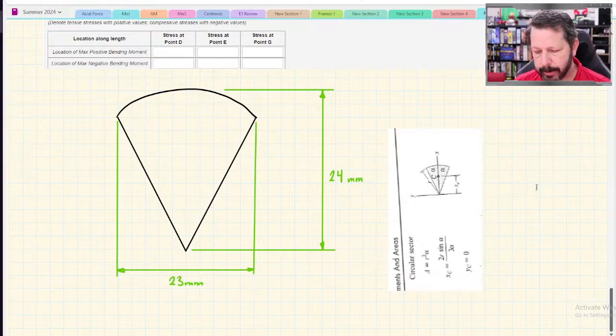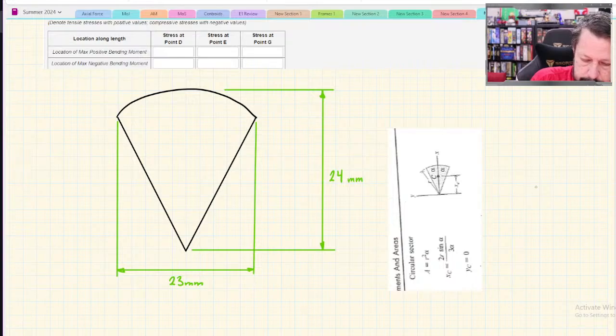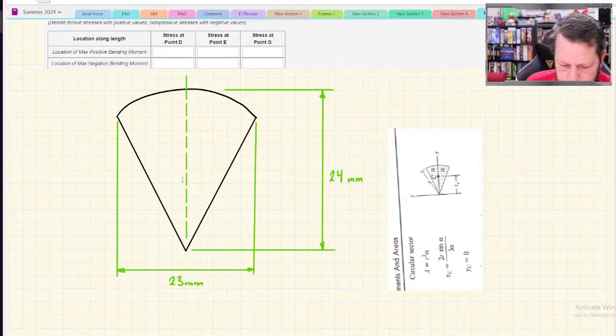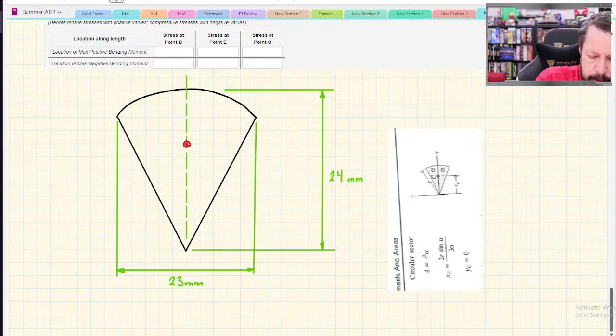So according to that, what we want is this thing they're calling x sub c. That would be the distance from some kind of central axis here, and it measures from the point up to the centroid. The centroid looks like it's supposed to be somewhere in there. So that's what distance we want to find first.